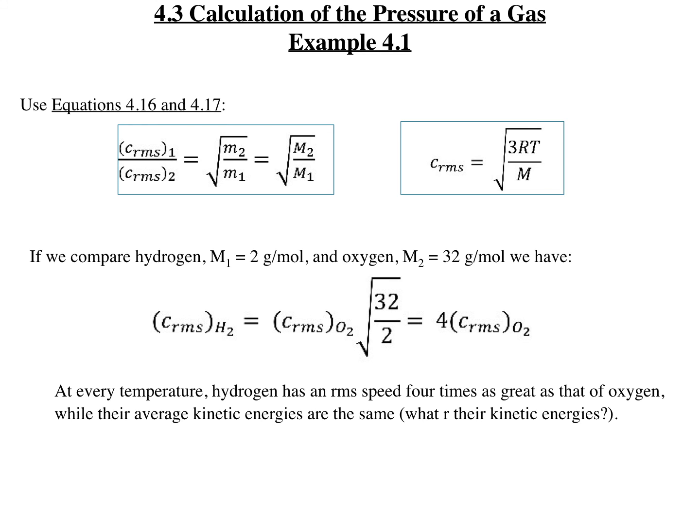But the average kinetic energy of the two molecules is the same, and that is the interesting part as well. So I would like you to figure this out: what are the kinetic energies of the O2 and H2 molecules? Are they really equal?